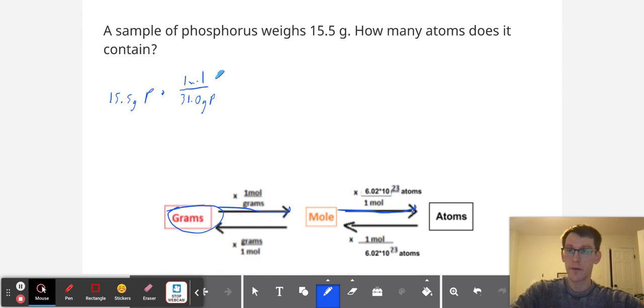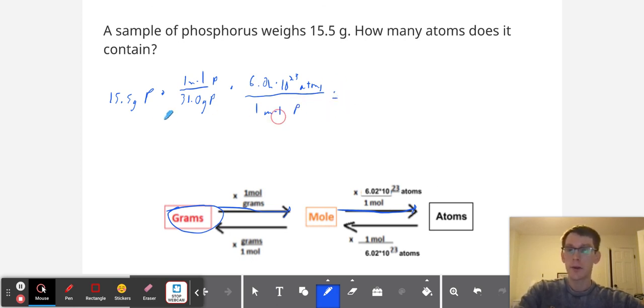So the molar mass of phosphorus is 31.0 grams of phosphorus for every 1 mole of phosphorus. But from here, we need to go 6.02 times 10 to the 23rd atoms of phosphorus, or anything else, would be 1 mole of phosphorus or anything else.